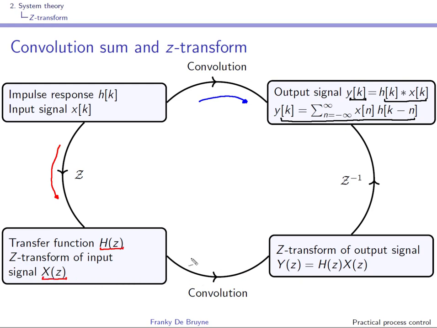Well, the neat thing about convolution in the Z domain is that it's just multiplication. So the Z transform of the output signal can be obtained by multiplying the transfer function with the Z transform of the input signal, right? And now to compute y of k, it's just a matter of taking the inverse Z transform.